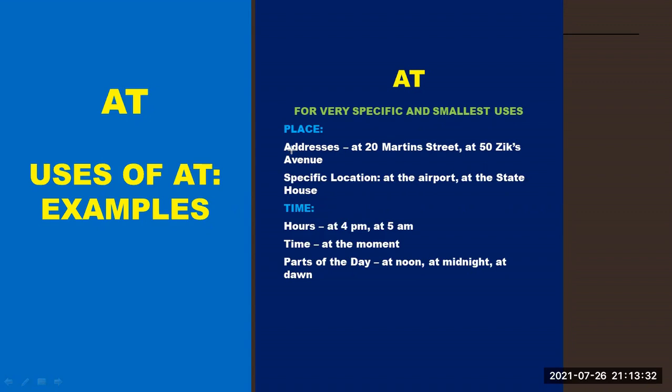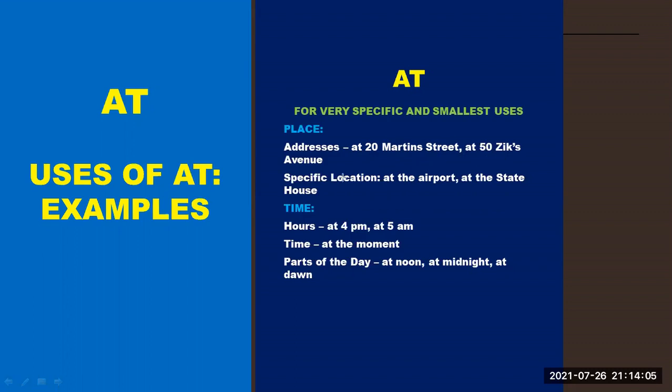Not just a general location, but a specific address. You use at. For instance, at 20 Martin Street. You can say someone lives on Martin Street, or he works on Martin Street, if you don't want to mention the specific address. But if you are going to be specific and mention the exact address, you use at 20 Martin Street, at 56th Avenue.